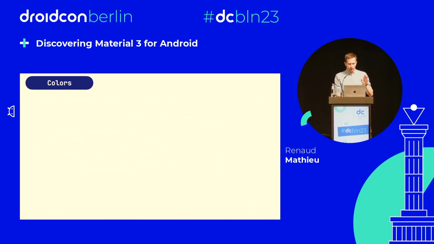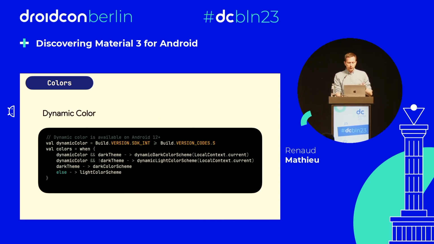The dynamic colors, they are available on Android 12 and above. So if the dynamic colors are available, you can set up the dynamic color scheme. If not, then you should fall back to using your custom light or dark color scheme. The color scheme provides a builder function here that creates the dynamic light and dark color scheme.